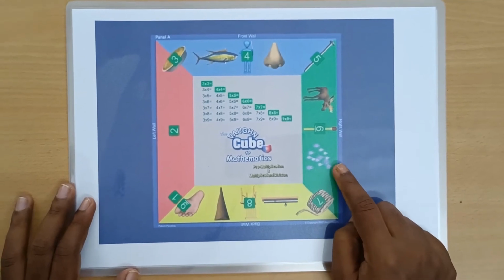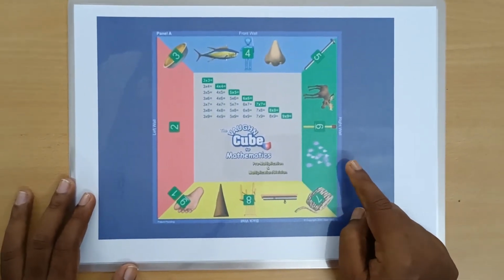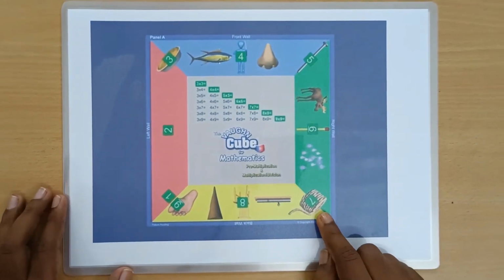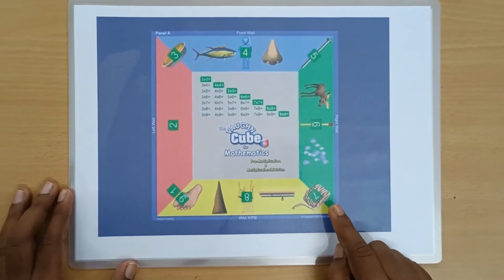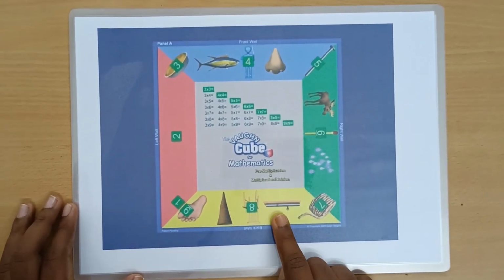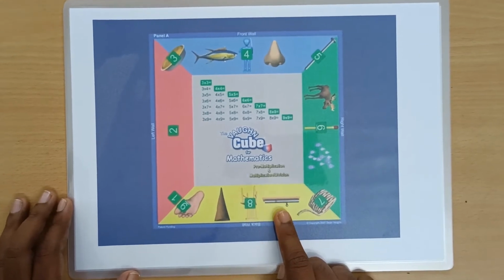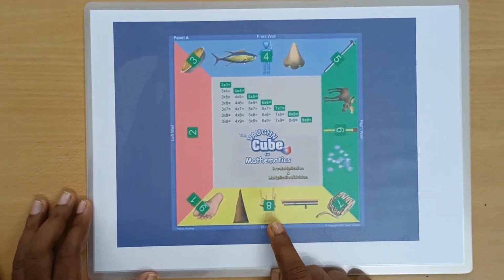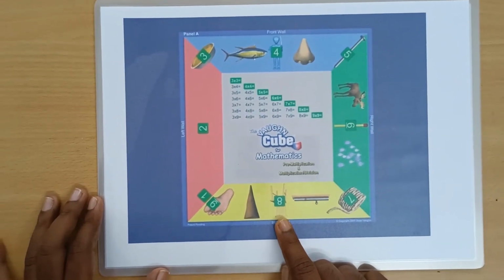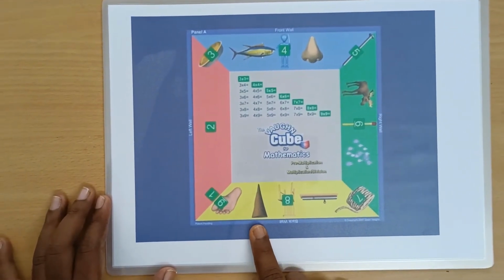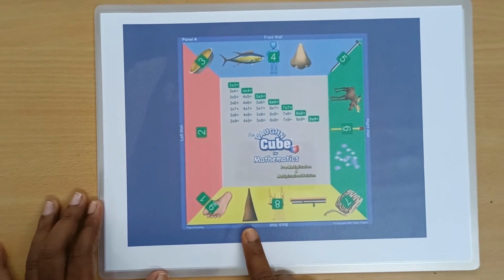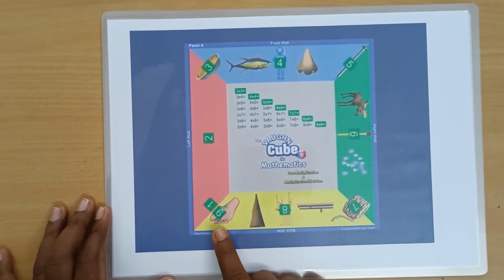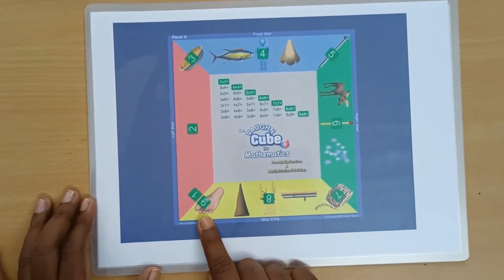Rain, r, n, rain. Rope, r, p, that's latch, l, ch. Chair, ch, r, cone, k, n, foot, f, t.